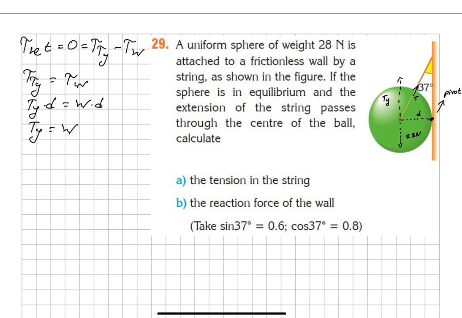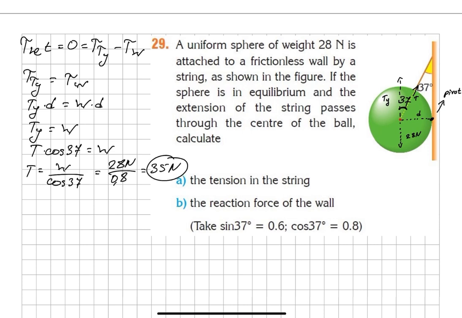Tension by Y can be written as tension times cosine 37, since this angle is 37, equal to weight. So tension is equal to weight over cosine of 37. Here it is 28 newtons over 0.8, which should be 35 newtons of tension.